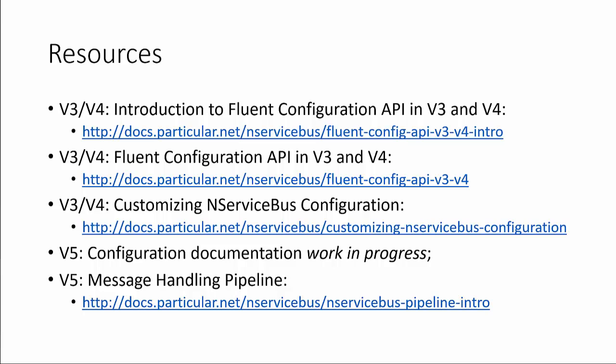We have basically two articles regarding the Fluent configuration API: an introduction to the Fluent configuration API, where I detail how to host and take control over the configuration customization of our endpoints, and then a detailed explanation of how each Fluent configuration API method works in V3 and in V4.